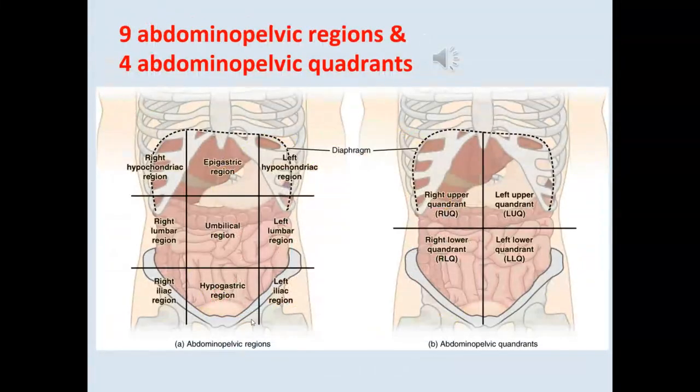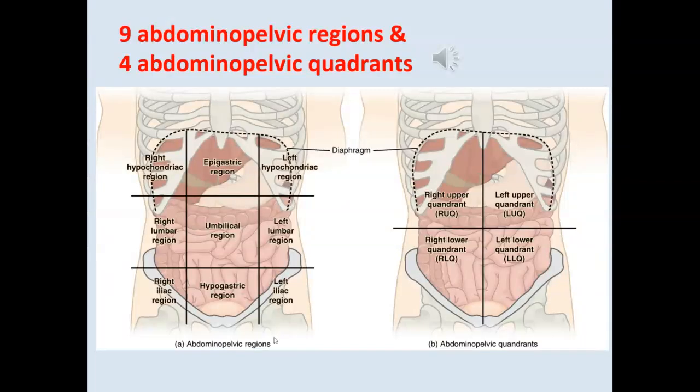Okay, and these abdominopelvic regions and quadrants. There's two ways that we can divide up the abdominopelvic area. One is into these nine regions, each one has a name. The other way, the simpler, is quadrants.